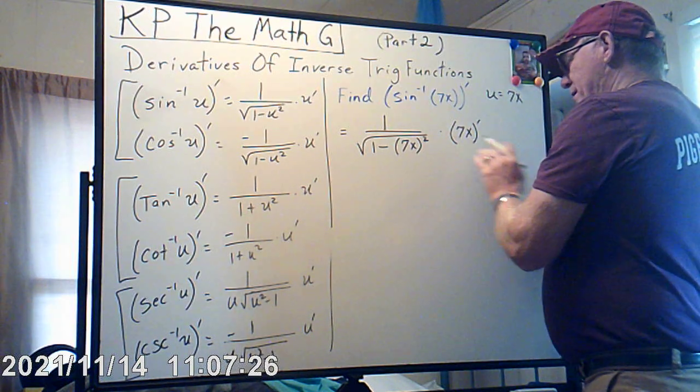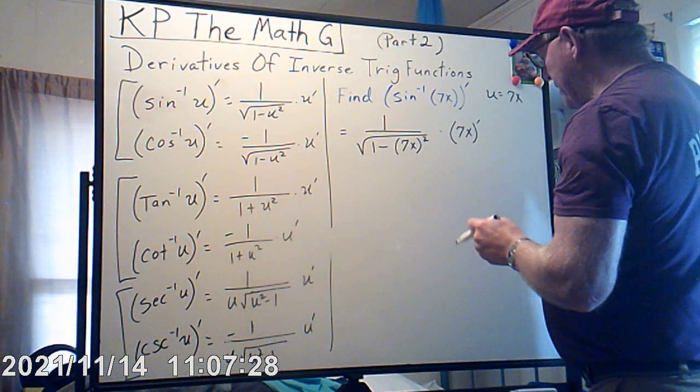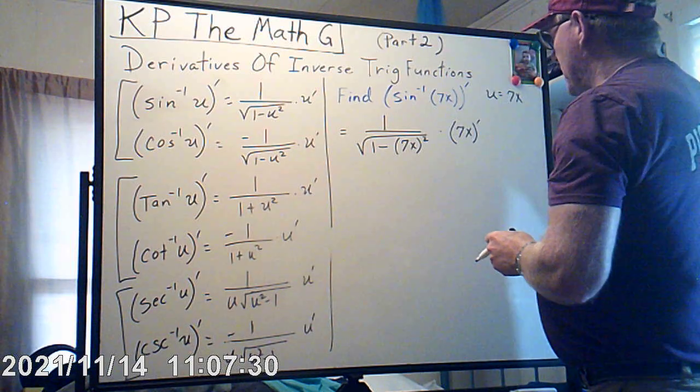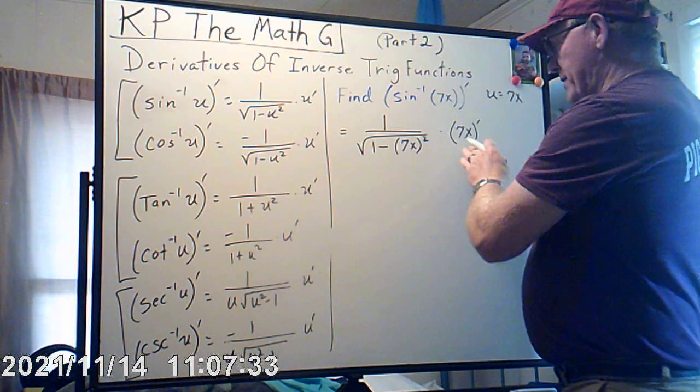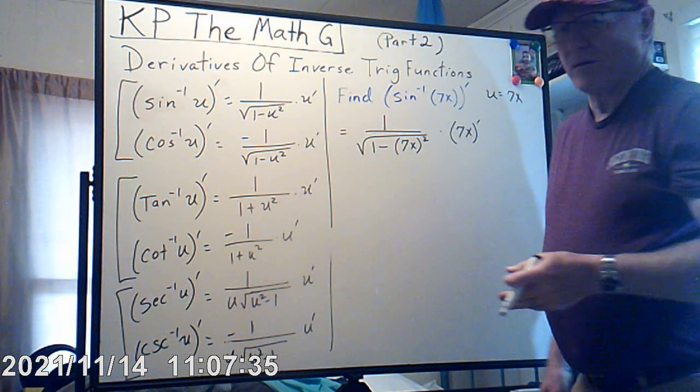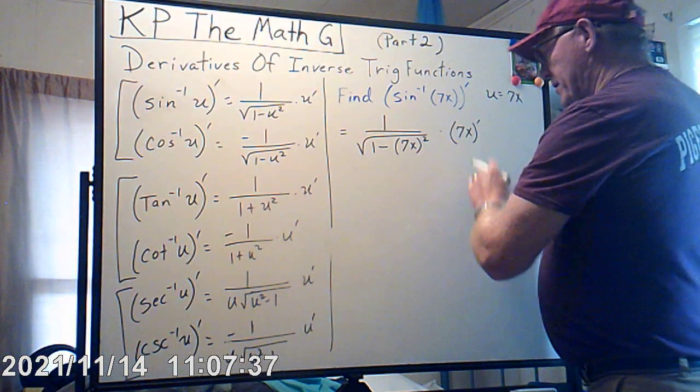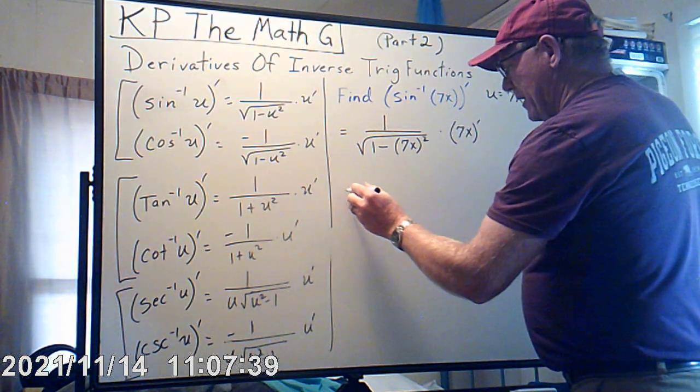We'll take that derivative on the next step. I could have done it right here, and probably from now on I will, but I just want to show this for emphasis' sake.